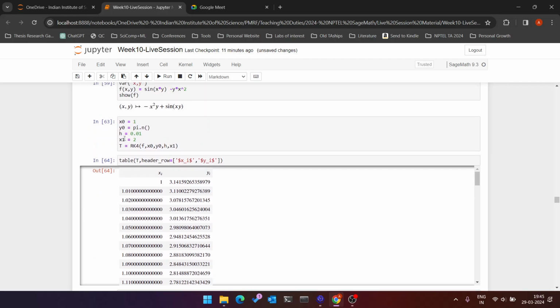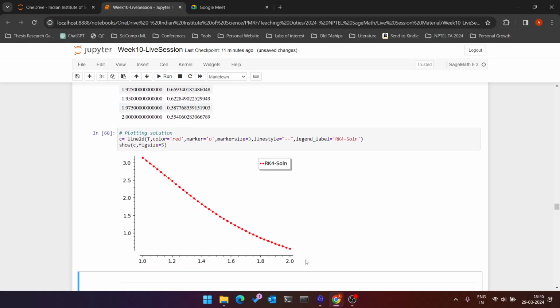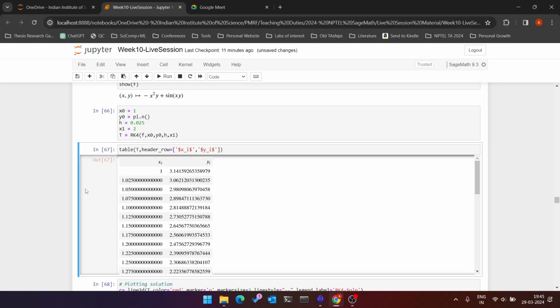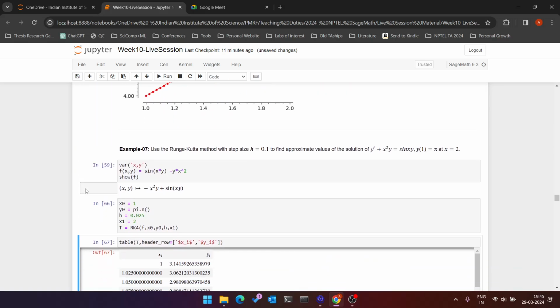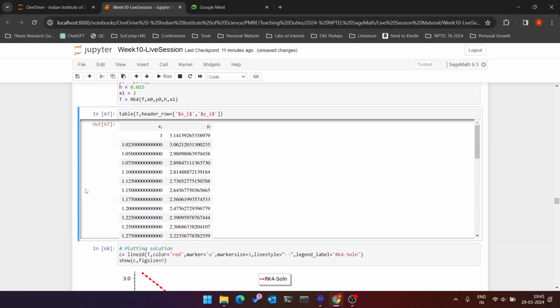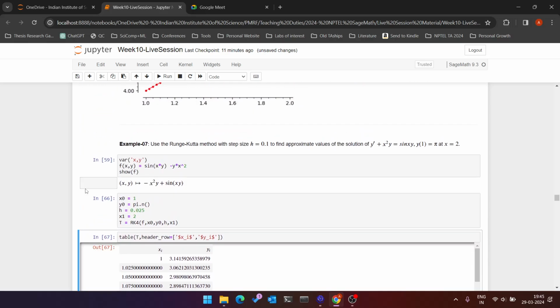Oh, I think I went a little too fine with this. Yeah, this is how it looks like. So in this way, we can solve a seemingly difficult problem to do analytically using Runge-Kutta method. Okay, straightforward. Any doubts with this one or the previous one?